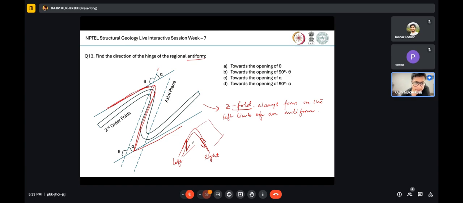And from the axial plane, even if you cannot find the second order folds, you can also determine the direction at which you can find the hinge of the regional fold from the axial plane itself. This is called the vergence.